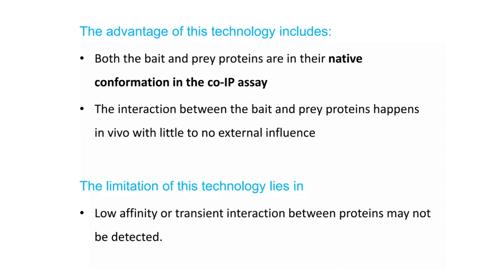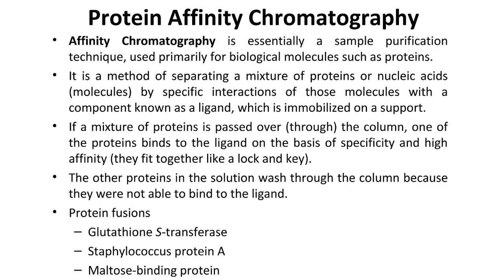But there is a limitation of this technology, that is low affinity or transient interaction between the proteins. So if it is a weak interaction between the two proteins, then it cannot be identified.